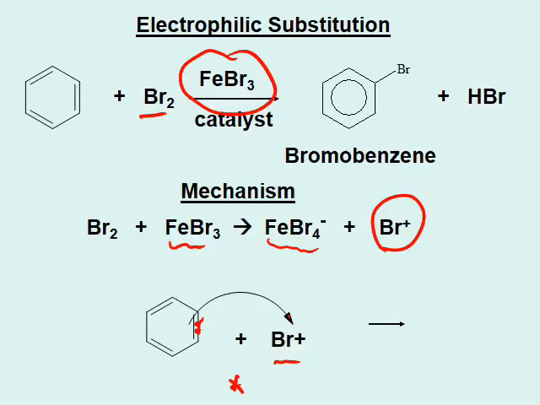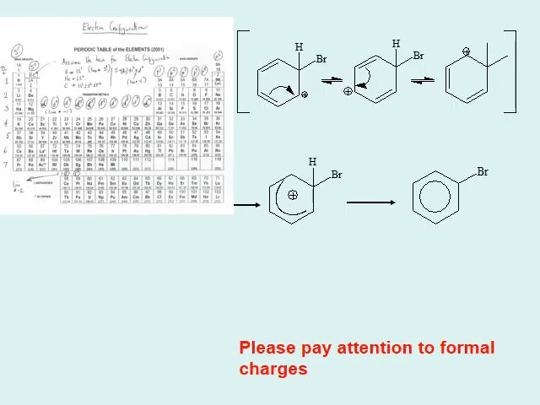Now here you see that as a result of the addition of Br plus, you get a positively charged carbocation like this. Now let me rewrite the last step so that we all understand.